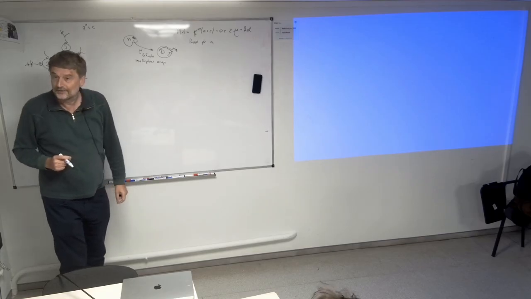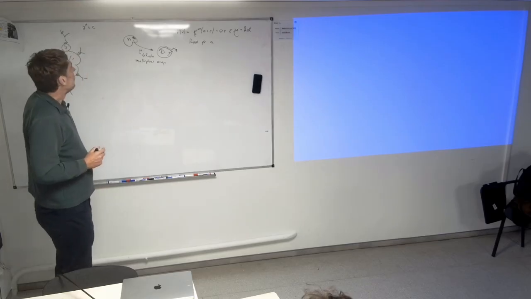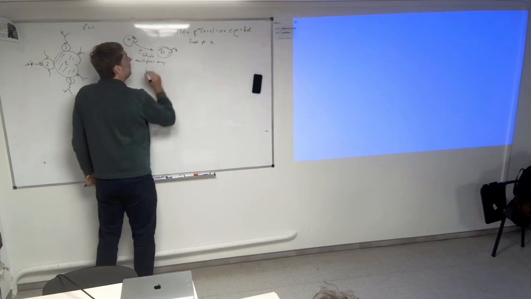And it's attracting if mu is less than 1 in absolute value. And that's exactly this map here. Okay? Make sense to everyone?